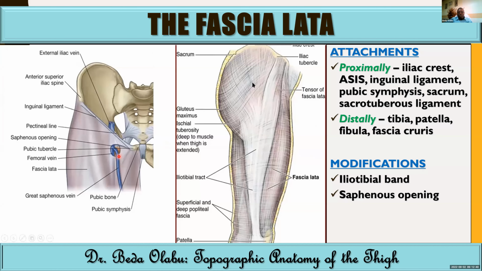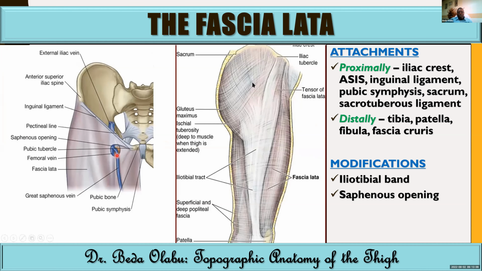How does it do that? By going through the saphenous opening. So it's a gap left for the passage of the great saphenous vein. However, the great saphenous vein is not the only thing that goes through the saphenous opening. Apart from the great saphenous vein, we also have some superficial neurovascular structures which traverse the saphenous opening.